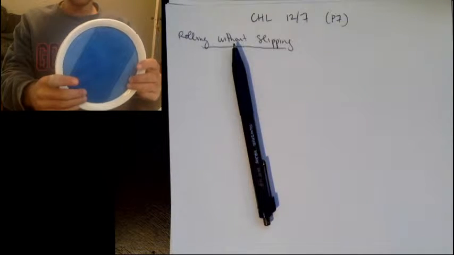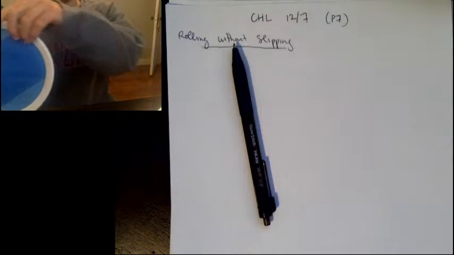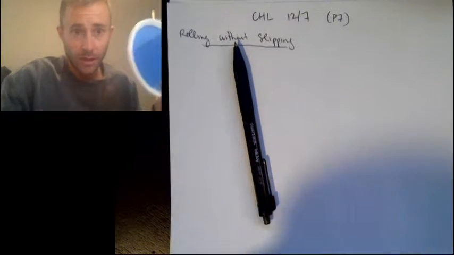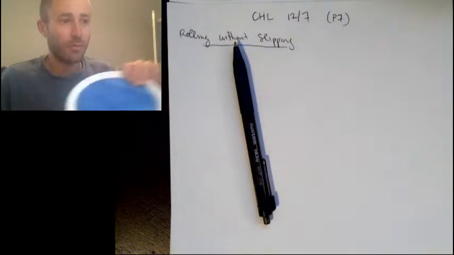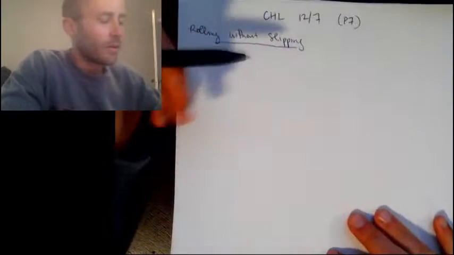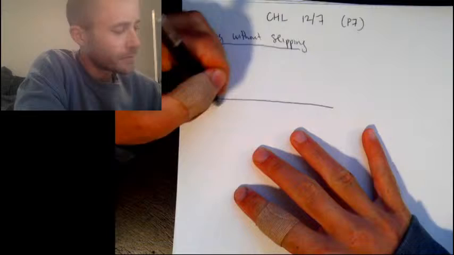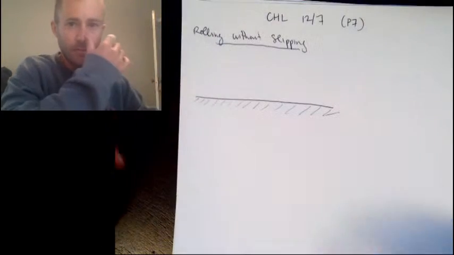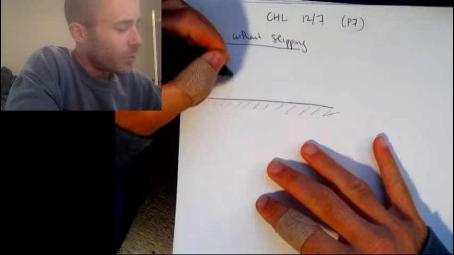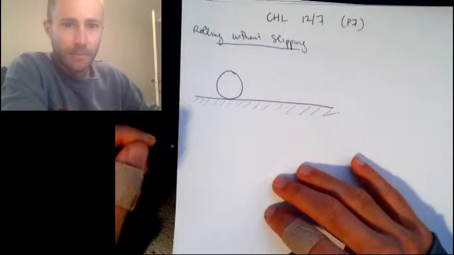If you are rolling without slipping, then if you do one full rotation, the circle has to move forward by a certain amount. Let me show you how that works. Let's imagine that you have a surface and a wheel on the surface.